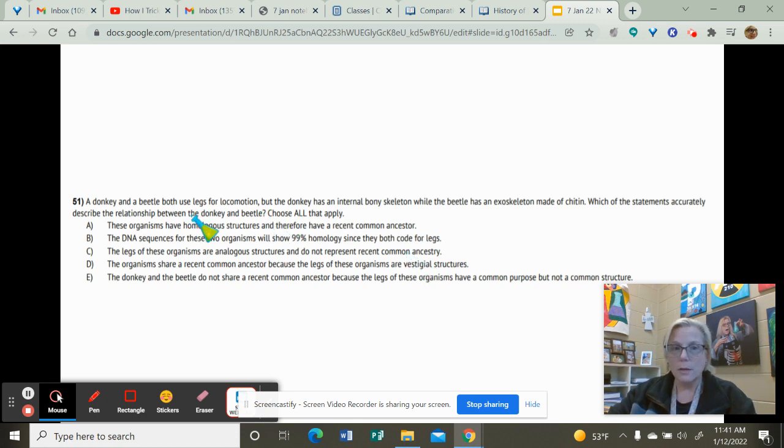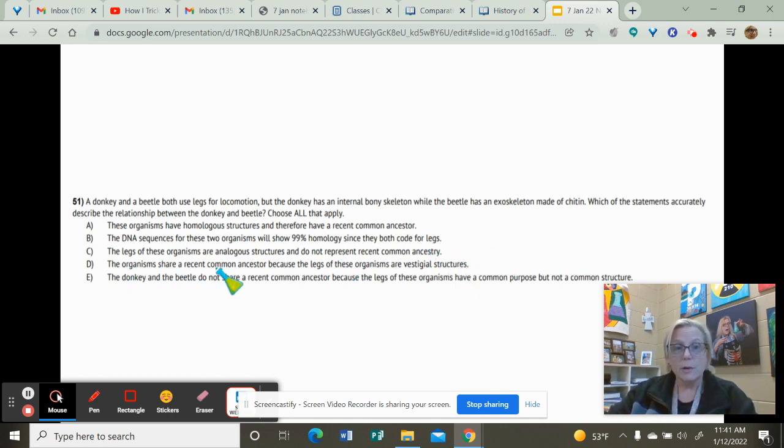Well, it's true, both the donkey and the beetle use these legs for locomotion, but there's big differences between them. Okay, so that statement is true. C is true, so we would check C.